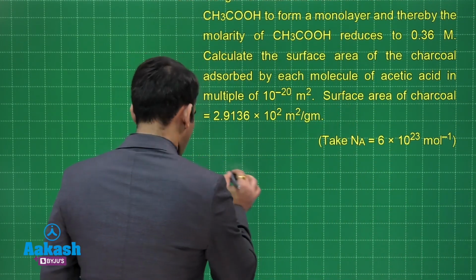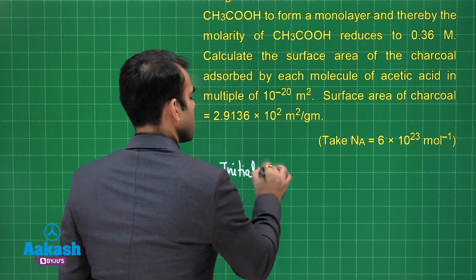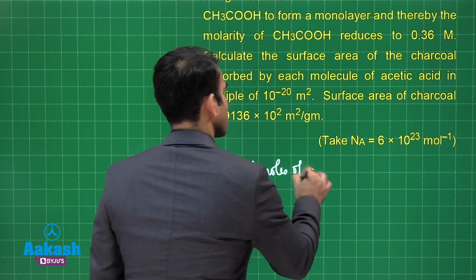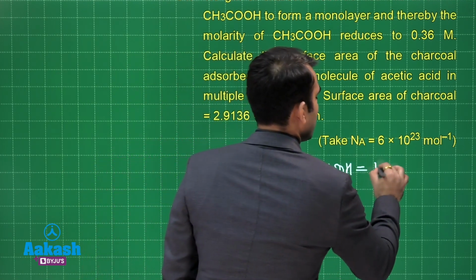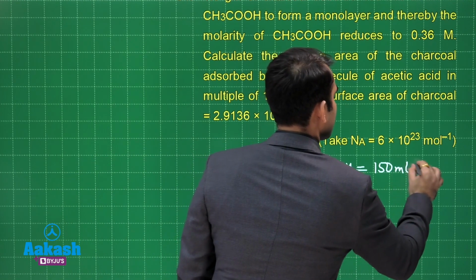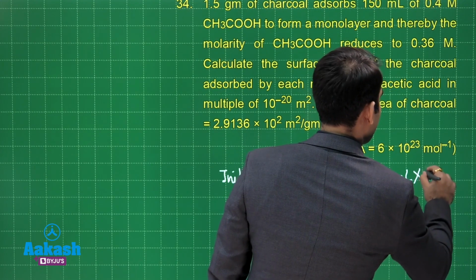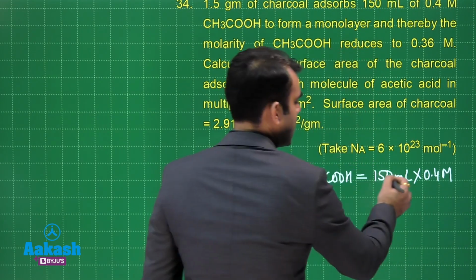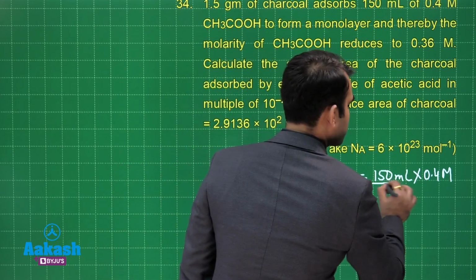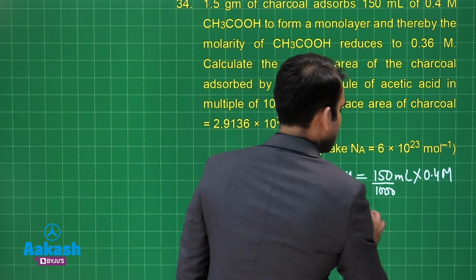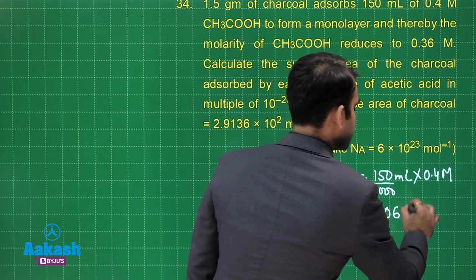First thing is, the initial moles of acetic acid that has been given to us is 150 ml into 0.4 molar, but from here we calculate millimoles, so we have to divide it by 1000, and this comes out as 0.06 moles.